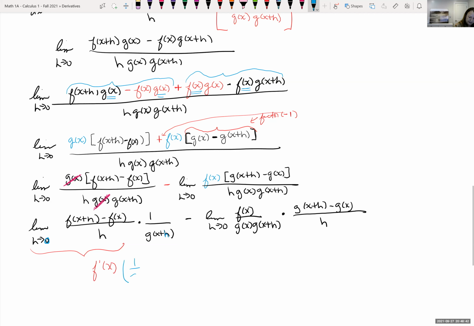That's 1 over g of x minus, well, that limit as h goes to 0 of this g of x plus h minus g of x all over h, again, I can see that that looks like the derivative of g.